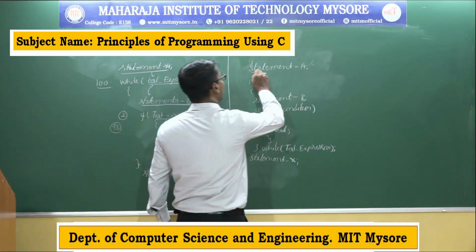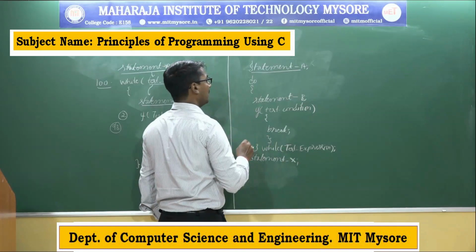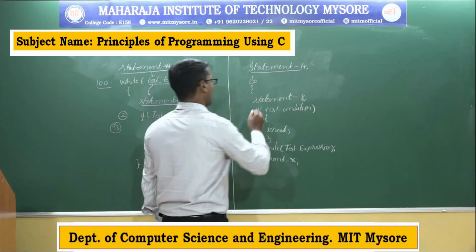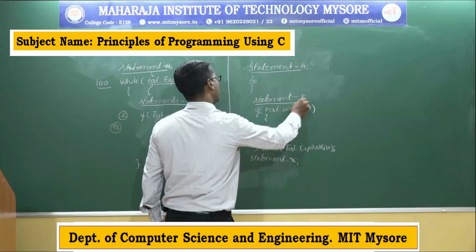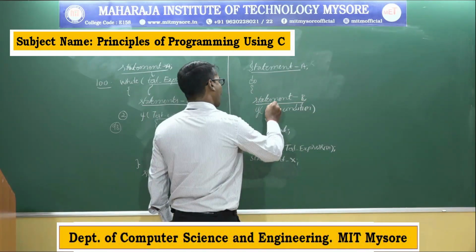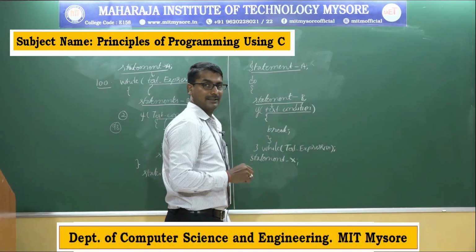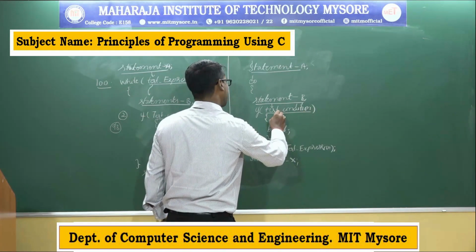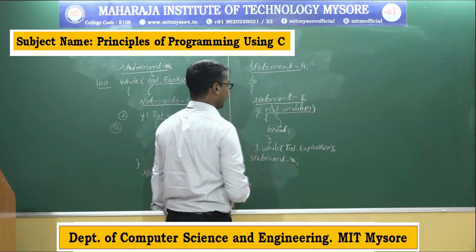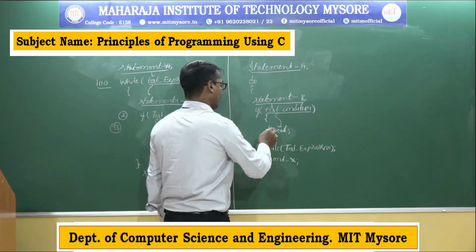Here first statement A will be executed. After executing statement A, statement B will be executed. After executing statement B, the test condition will be evaluated. If the test condition is satisfied, then the control is transferred to the break statement.